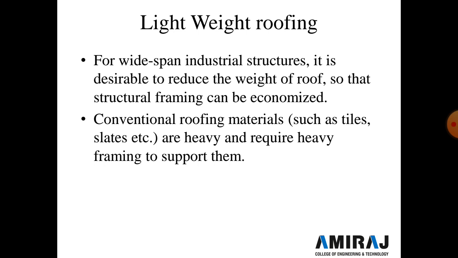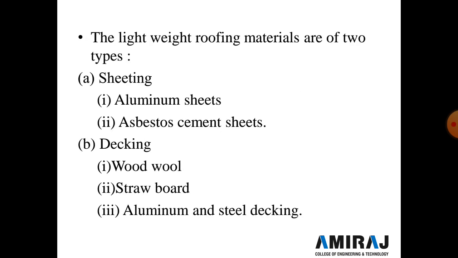Now the next is the lightweight roof. For a wide span industrial structure, it is desirable to reduce the weight of the roof so that the structural framing can be economized, and conventional roofing materials such as tiles and slates are heavy and require framing support. Lightweight roofing material is divided into two parts.